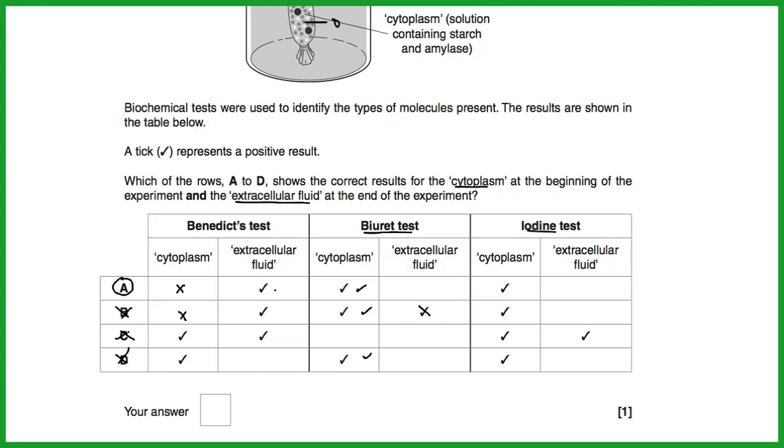Well, the iodine test will test positive in the cytoplasm for all of them, because starch will be in the cytoplasm because you put it there, whereas the starch is too large to get across the membrane, so it won't be in the extracellular fluid. But the answer we've already worked out here is A.